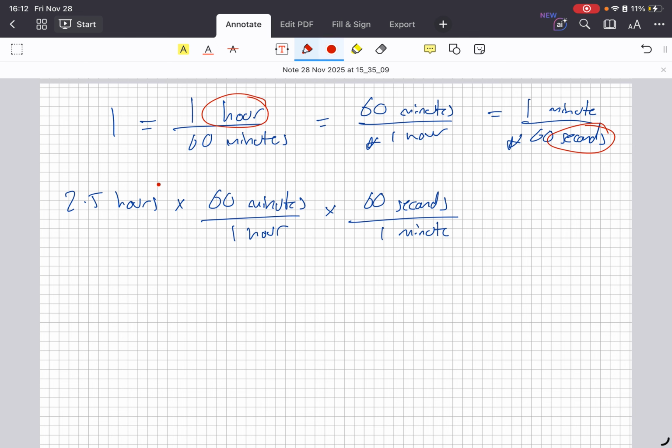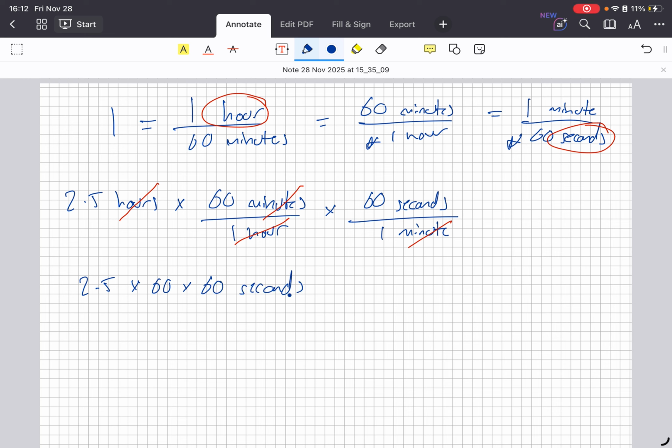And when we do that, we see these units cancel out. So 1 hour cancels out there, and minutes cancels out here with minutes. And we're left with the relationship 2.5 times 60 times 60 seconds, not forgetting our final units. And this will give us 2.5 times 3600 seconds.